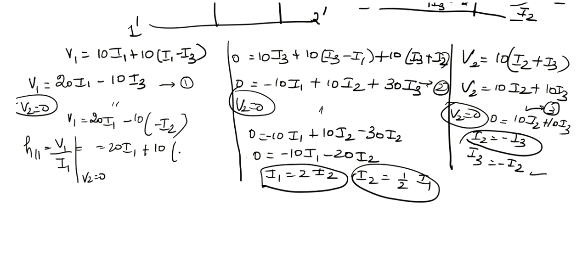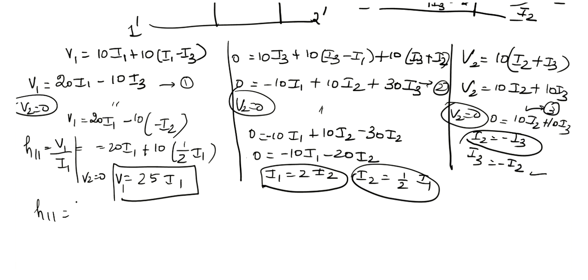I2 will be equal to 1 by 2 I1. Now V1 will be equal to 25 I1. So therefore H11 will be equal to 25. 20 plus 10.